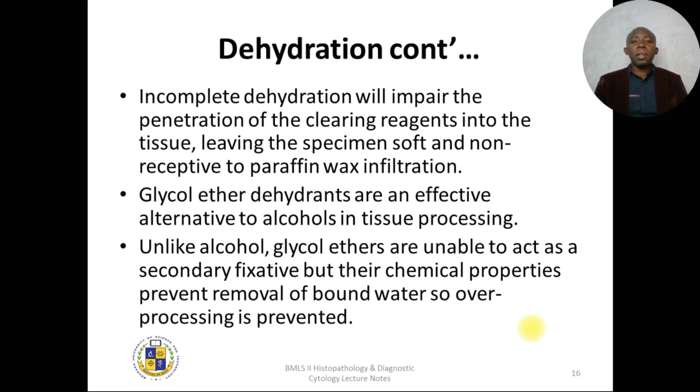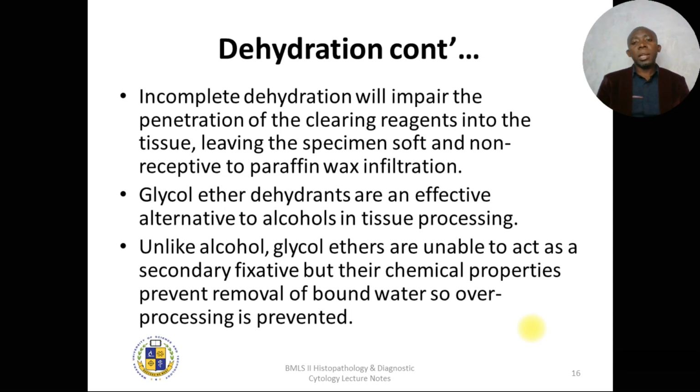Glycol ether is an effective alternative dehydrant to alcohols. I think you should also look at my presentation on dehydration specifically, to see what happens in dehydration. But here we shall cover and mention a few types of dehydrants as we go on.